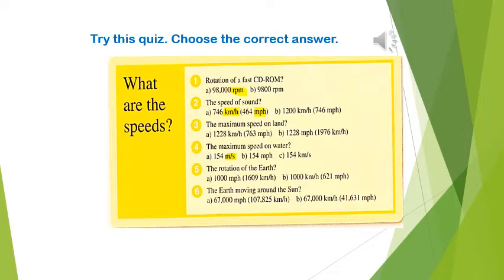We have km/h, which is kilometer per hour, mph for mile per hour, and m/s, which is meter per second. So I hope you listened very carefully to the audio and know the exact answer. So here are the answers of these 6 questions, and let's move to the next slide.